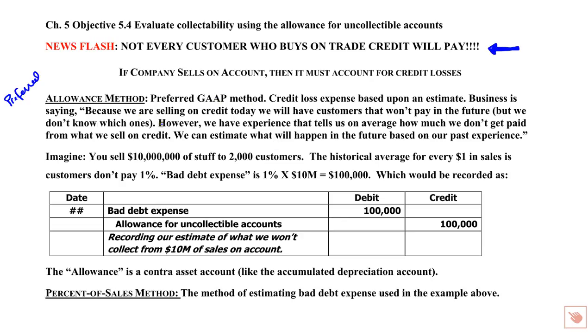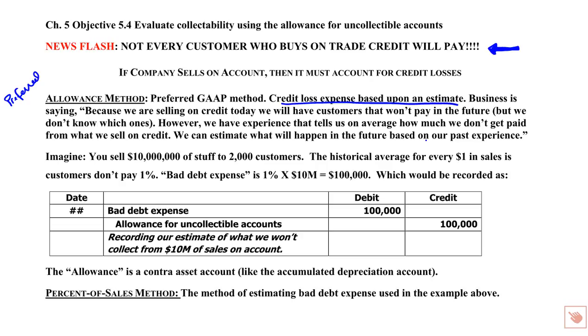So the allowance method is really the one that's used even for non-publicly traded companies. We're going to base our credit loss and the recognition of that expense on an estimate. So you could just wait till the customer says, you know what, I'm not going to pay you, or they go bankrupt, or you have some really confirming evidence that they're not going to pay.